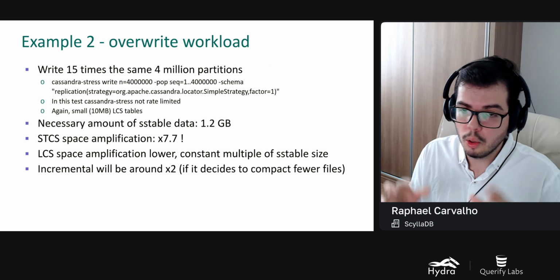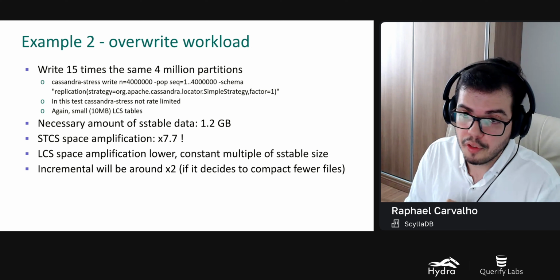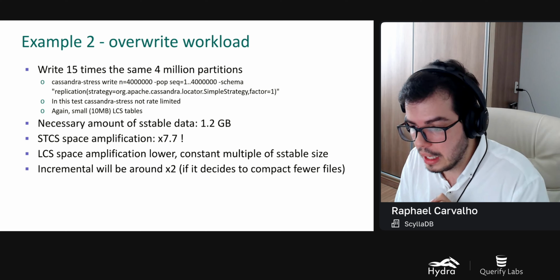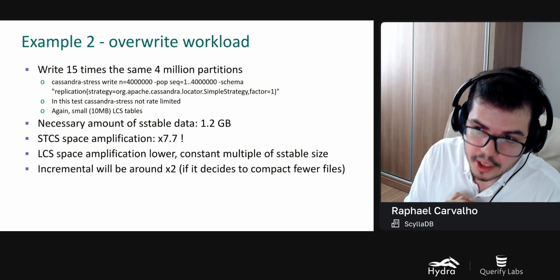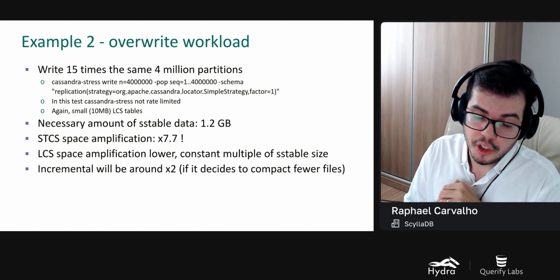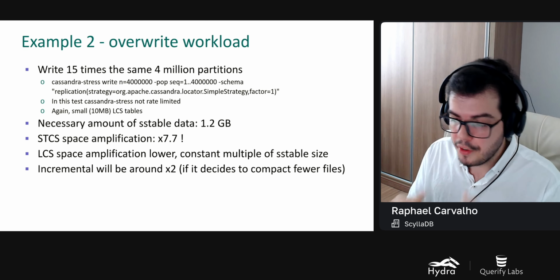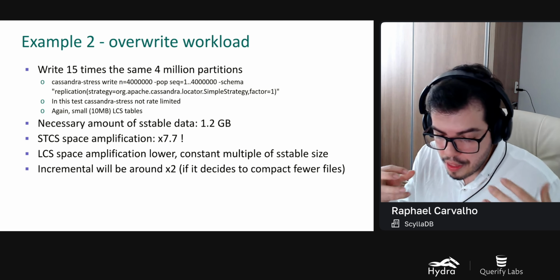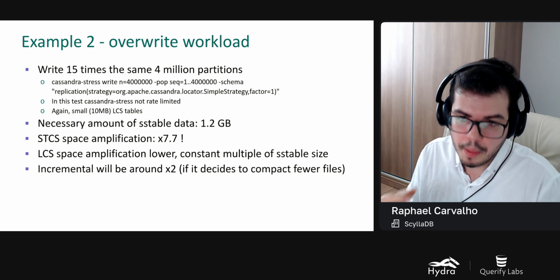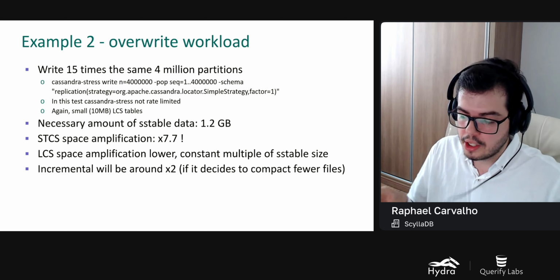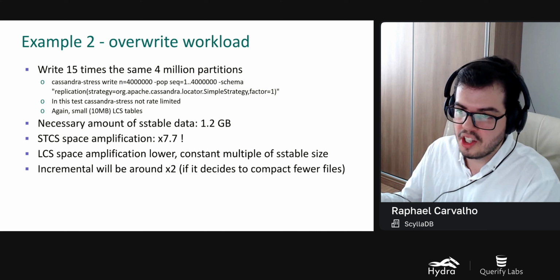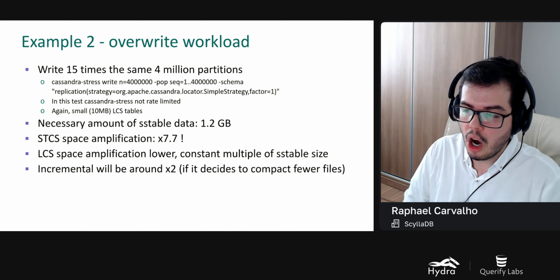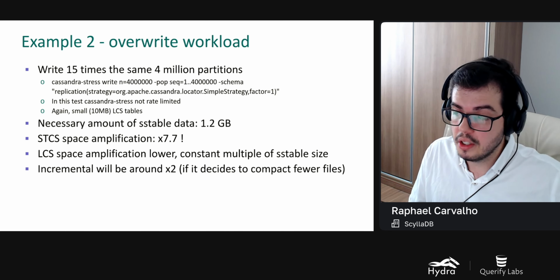Okay, so the overwrite workload would be the worst case for tiered policy, but a good workload for leveled policy. For tiered policy, if you keep overwriting the same data over and over again, that partition could be stored across all the files, because as you flush the memtable into the SSTable file, we would start accumulating redundant versions of the partition that's being constantly updated.